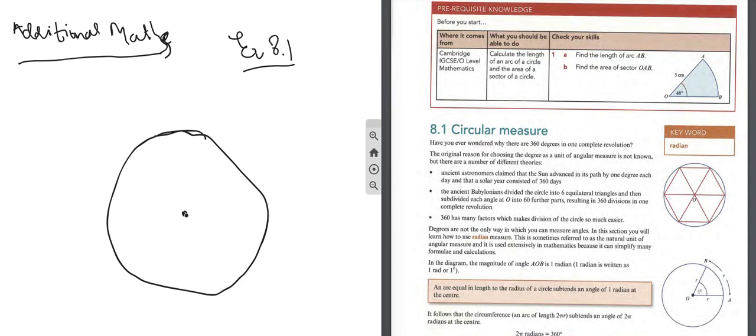If you take the distance from anywhere on the circumference of the circle, the circumference being the outer line of the circle, to the center, both of these must be x.